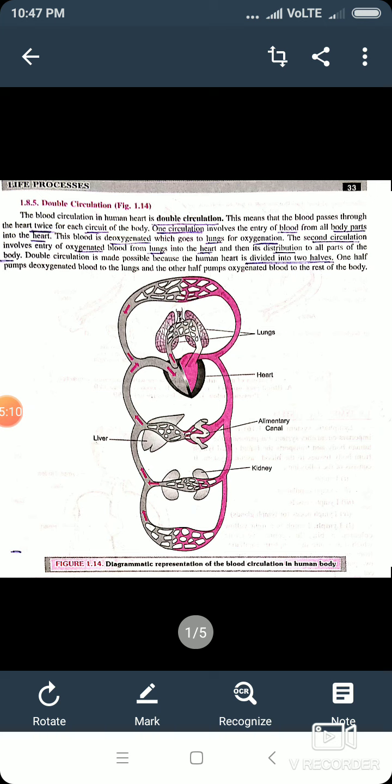Double circulation is made possible because the human heart is divided into two halves. One half pumps deoxygenated blood to the lungs and the other half pumps oxygenated blood to the rest of the body.